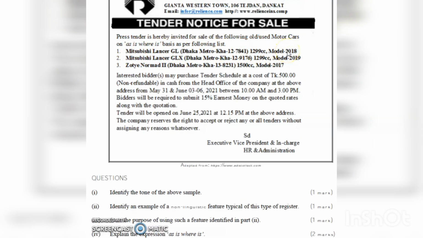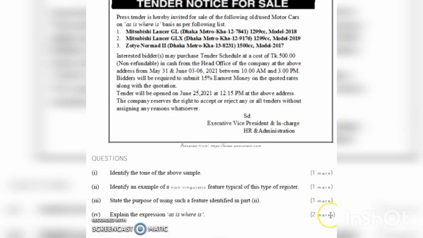So it is exactly as it is. It's a model 2018, 1299 cc. I do not understand what it means, but this is exactly how it is listed. When you go to the address given, you are to expect exactly these three models of the cars. That will give you your 2 marks.